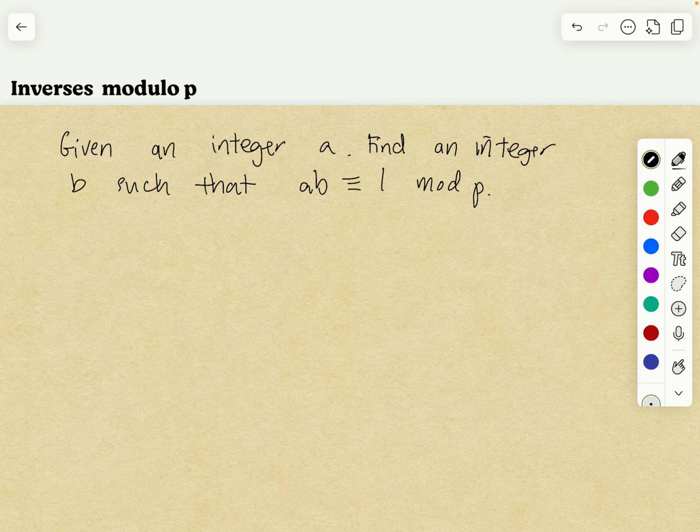And in the video on the extended Euclidean algorithm, I basically explained how to do it. So how do we do this?